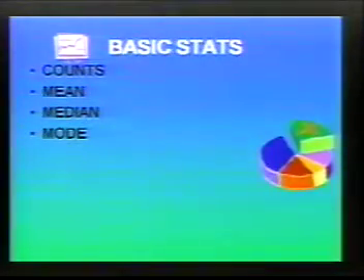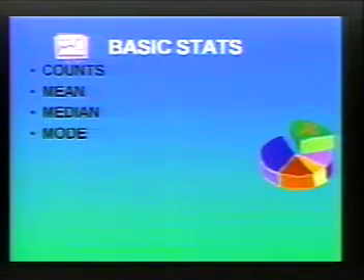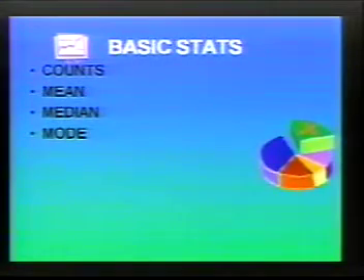The mode, again, you would have a list of scores. It's easiest if you have them from highest to lowest or lowest to highest, and you look for the score that occurs most often. So let me give you an example with again, 1, 2, 2, 3, 4, 5. The 2 occurs most often in that list of scores, and that equals the mode.